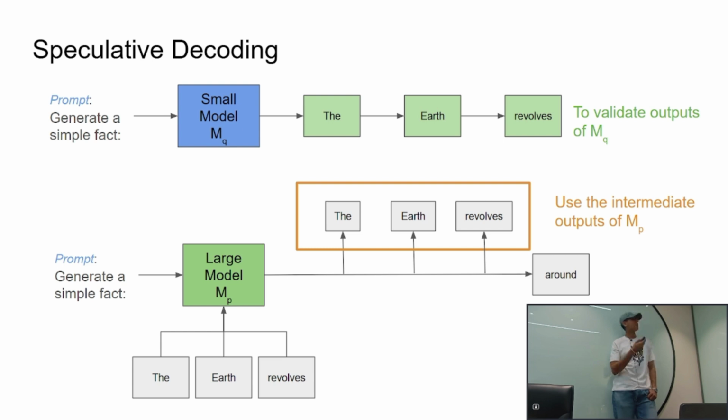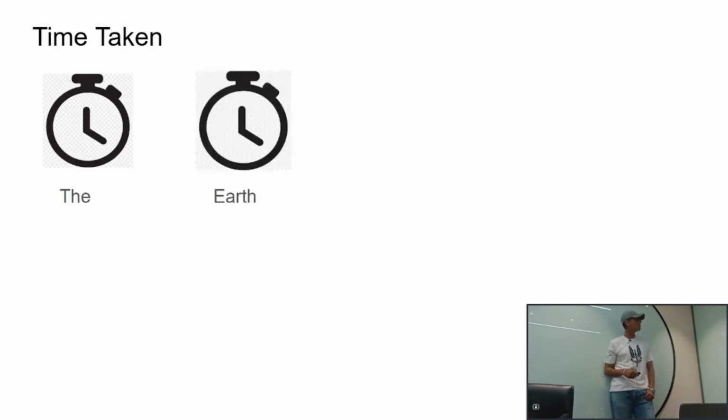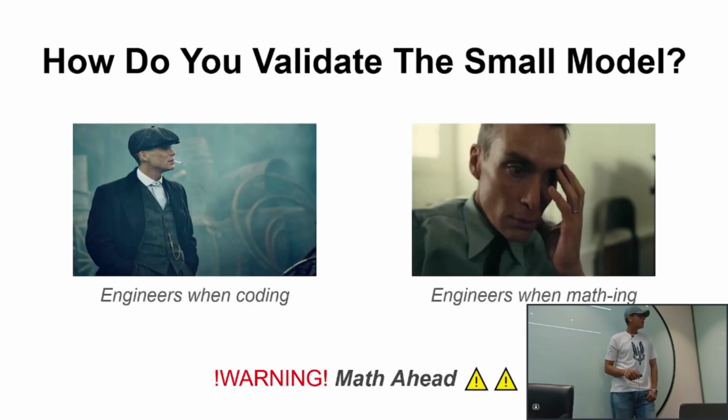But the smaller model itself has predicted only revolves, so at that point in time we cannot do anything without any prior knowledge. But if you want to do that, you can make those updates in your larger model, and we will talk about how to pick a small model in the next few slides.